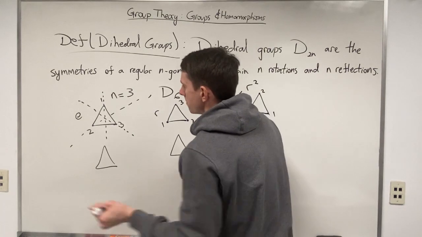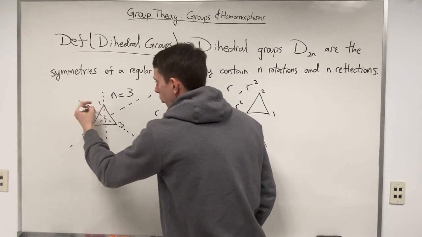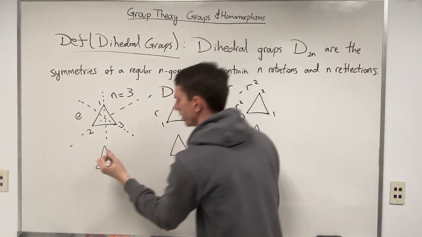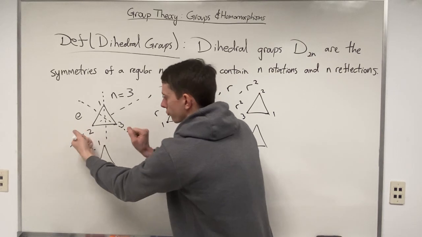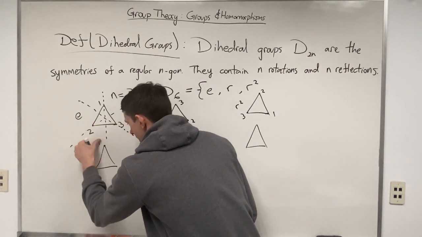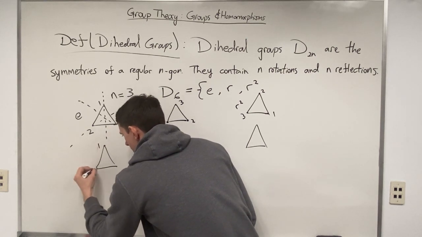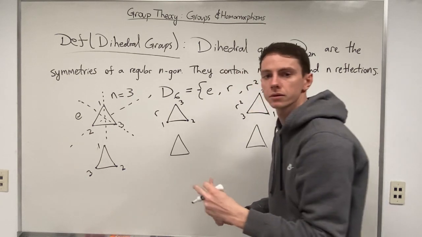So by doing that, this top vertex 1 would be left unchanged during that reflection. So this would be 1. But then 2 and 3 would swap places. So now 2 would go here and 3 would go here. So we have 1 right here, 3 right here, and 2 right here.